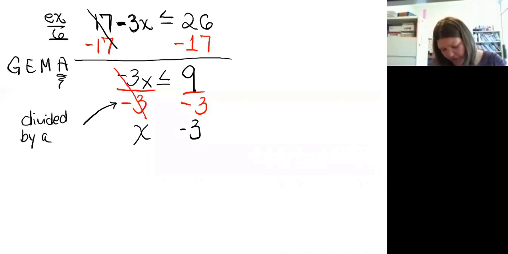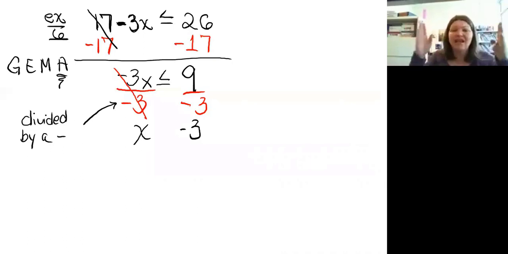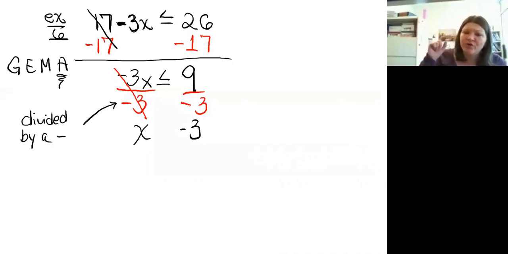Whenever you multiply or divide by a negative, you are going to flip both sides' signs. I'm going to say that again. Whenever you multiply or divide by a negative, it flips both sides' signs. You just negated both sides, whether you realized it or not. And so you are going to have to flip your inequality symbol. You just flipped the relationship.